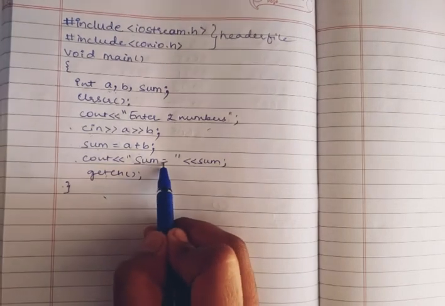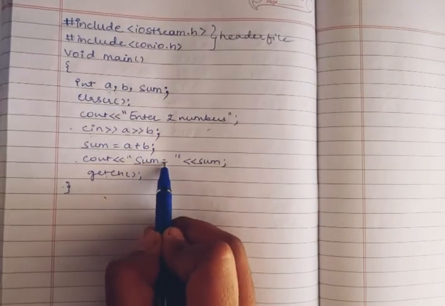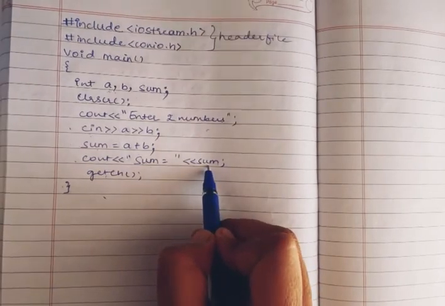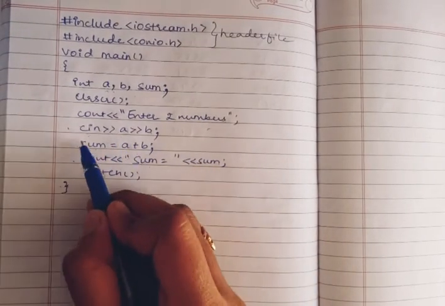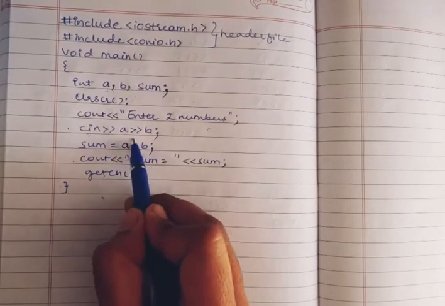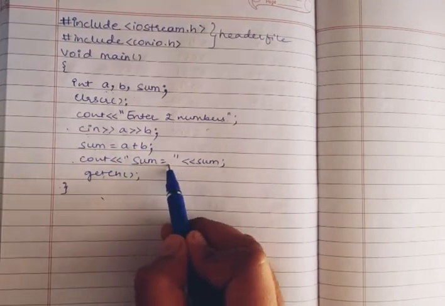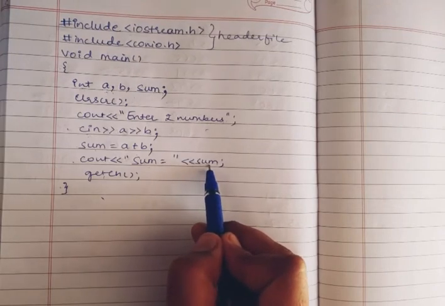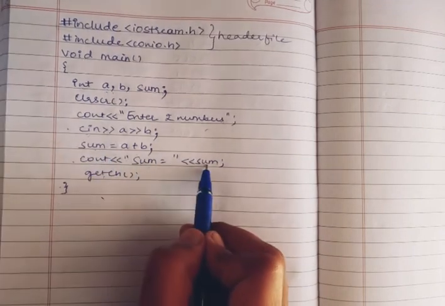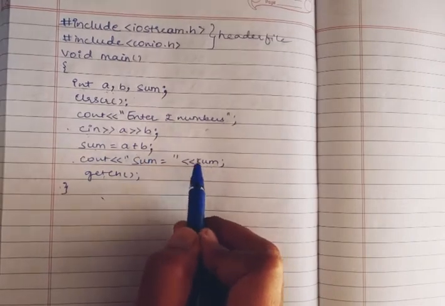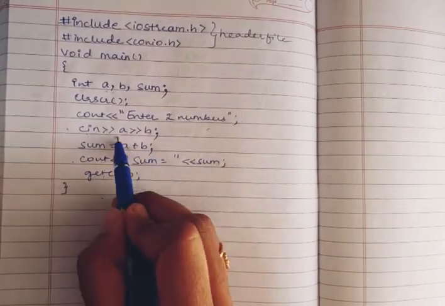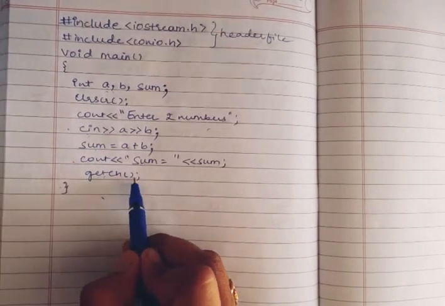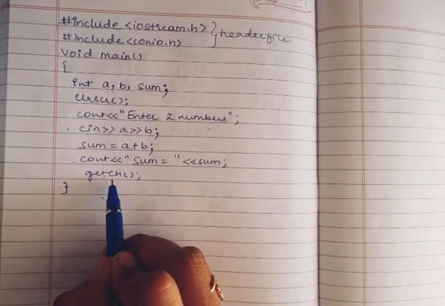So, "Sum is equal to". After that, we need to put the result in the same line. For that reason, we are using the variable sum, so it gets the result from this line. Understood? And this is a getch function to display the result on the screen.